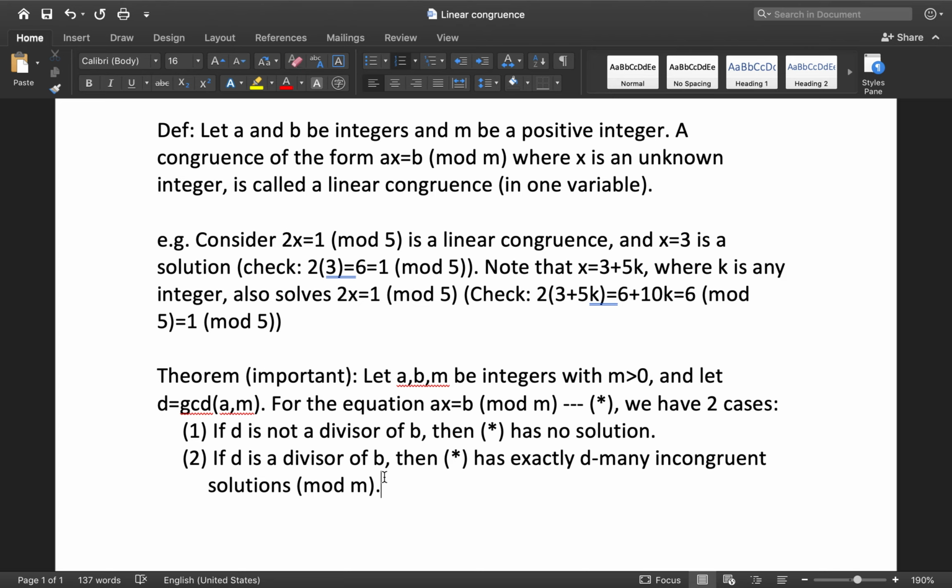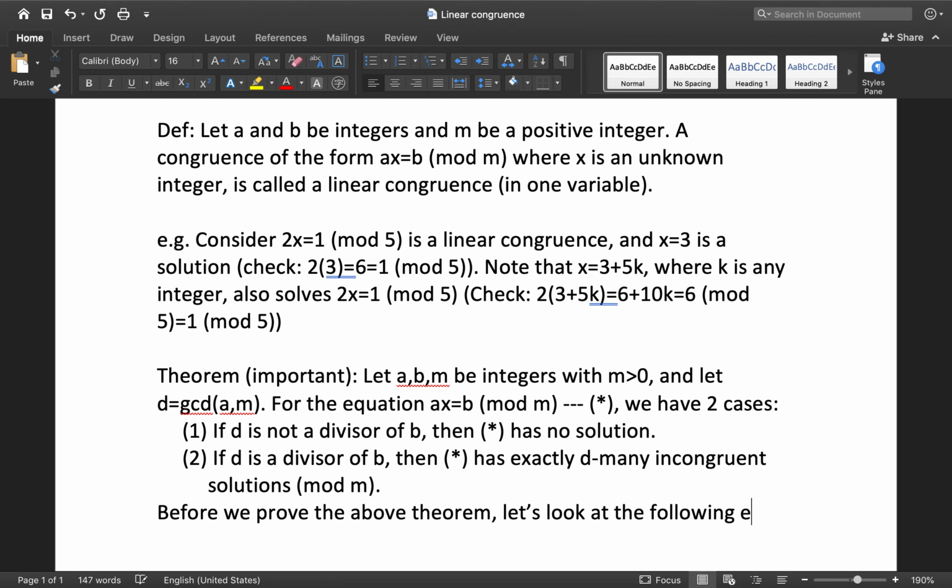Well, we are not in a hurry, so I will show you the details step by step. Before we prove the above theorem, let's look at the following example.